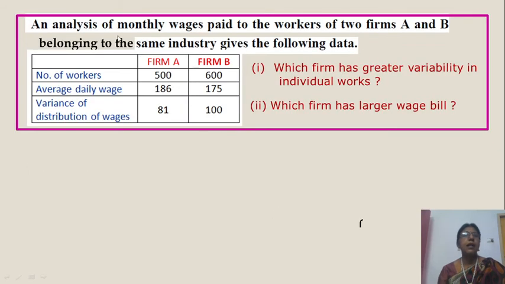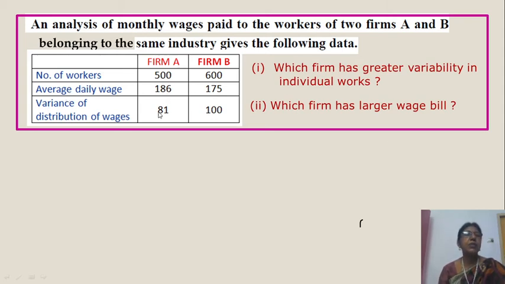Next, an analysis of monthly wages paid to the workers of two firms A and B belonging to the same industry gives the following data: number of workers, average daily wage, variance of distribution. Three columns are there, for Firm A and Firm B. In the first firm, number of workers is 50 and the average daily wage, which is the mean, is 86.